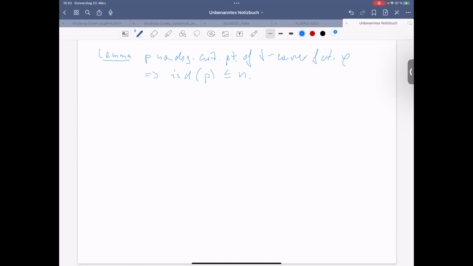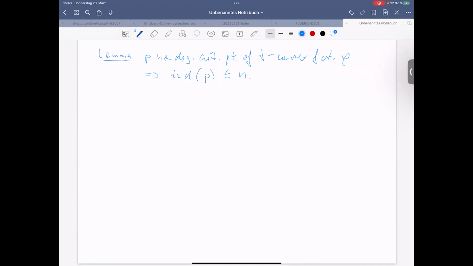So V is a manifold of real dimension 2n, but if on V you have a function that is J convex, then the indices of its critical points can only go up to half the real dimension, only between 0 and n. You cannot have anything beyond half dimension.